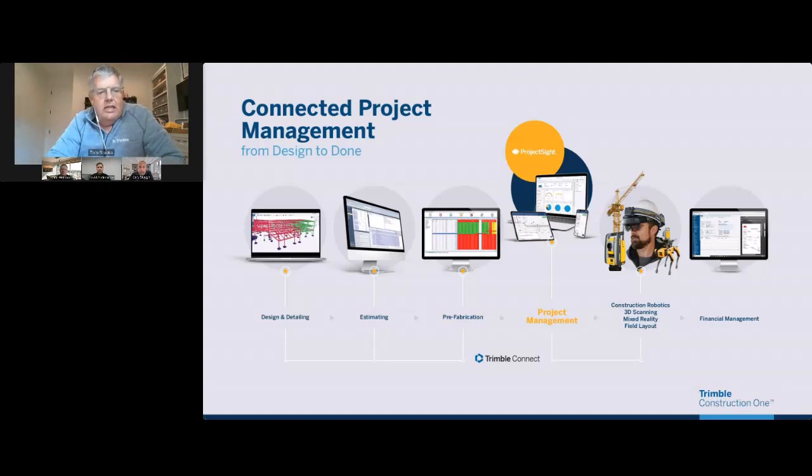So collecting that data across your design, your detail, your estimating, your prefabrication, and then utilizing that in the management of the project, capital M project management, and using that out in the field, and then getting the feedback from the field to close that loop.